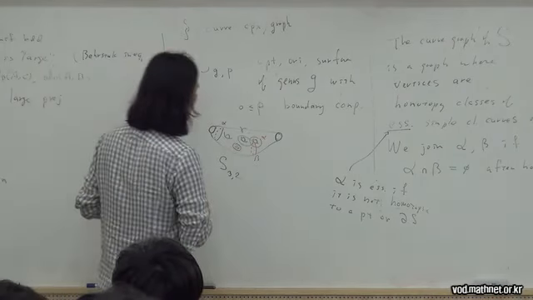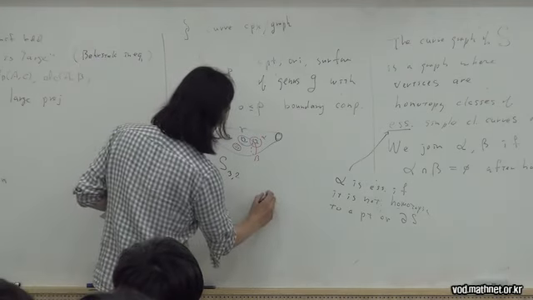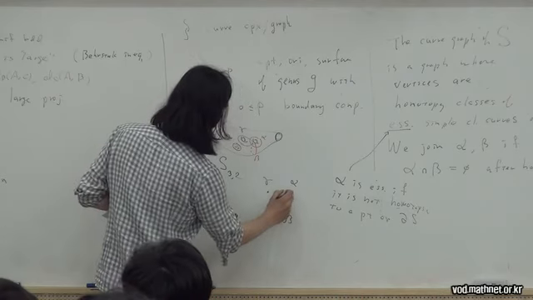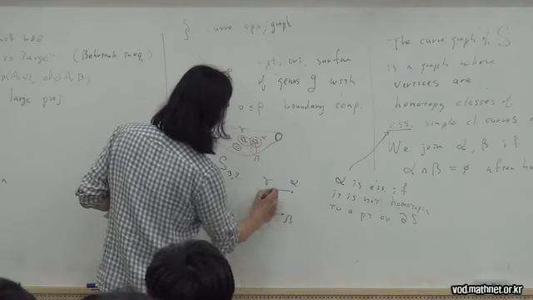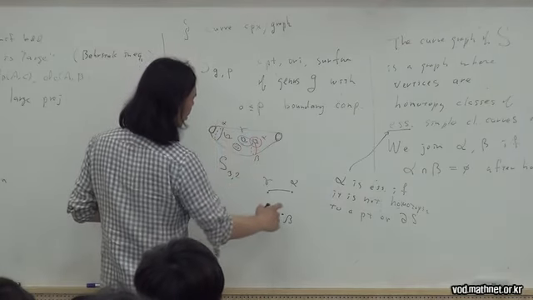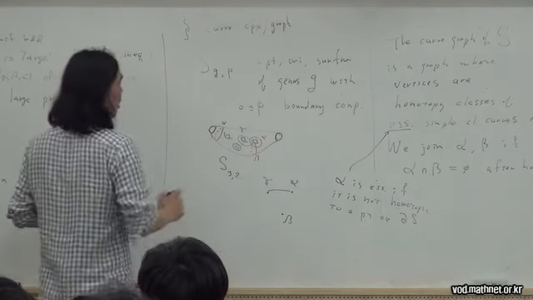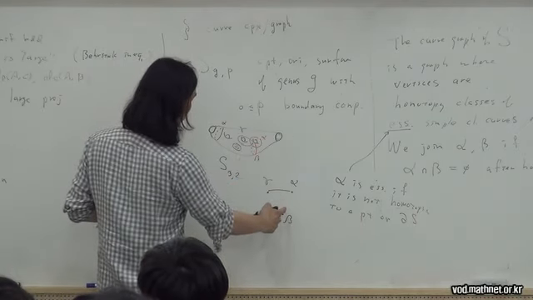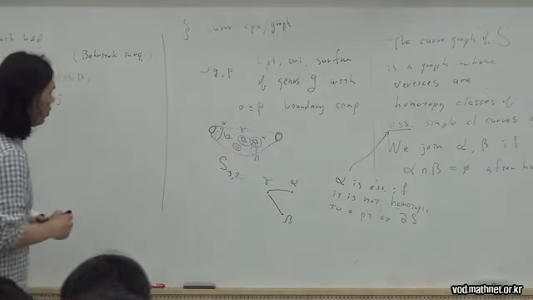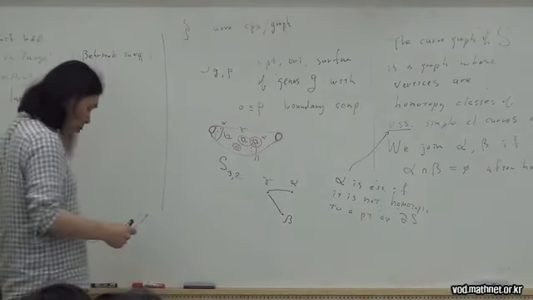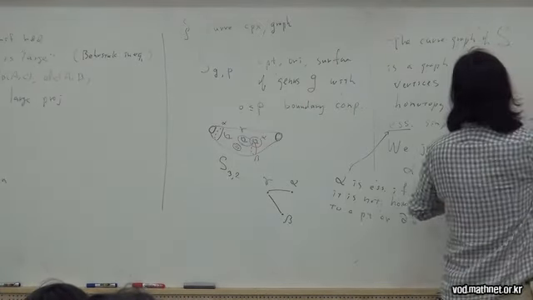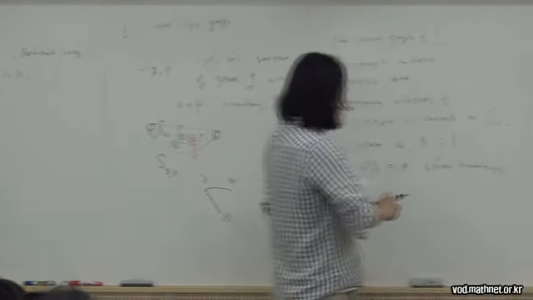So here's a little part of the curve complex. Beta and gamma are disjoint on the surface, so you join them in the graph. Alpha and beta are not disjoint, so you don't join, but gamma and beta are disjoint, so you join. Something like this. It's a part of the graph.